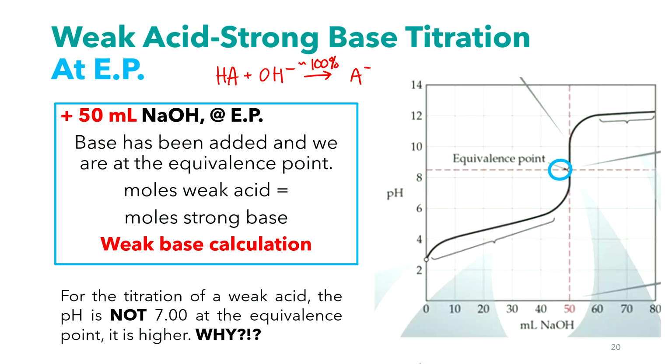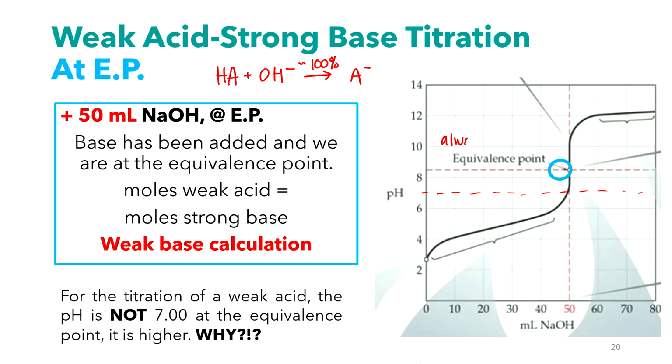So now in solution at the equivalence point, I don't have just water, I have a concentration of A minus, a weak base. So this is going to be basic. It's not at pH 7 anymore. Characteristically, the equivalence point is always greater than a pH of 7 for a weak acid, strong base titration.